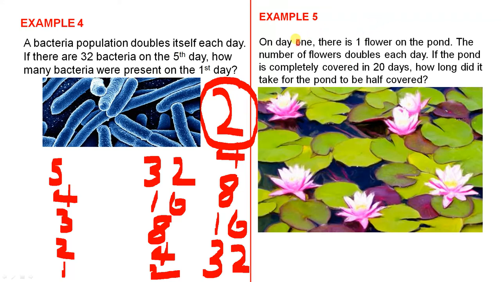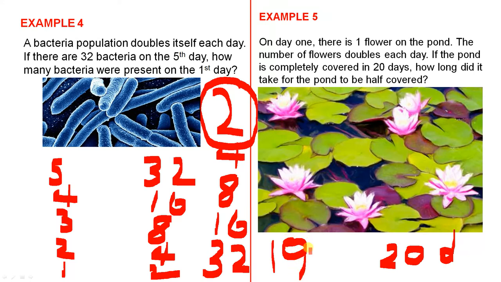Example 5. On day 1 there is 1 flower on the pond. The number of flowers doubles each day. If the pond is completely covered in 20 days, how long did it take for the pond to be half covered? Oh, this is easier than you think. In 20 days, the pond is fully covered. So what do you reckon happens after 19 days?